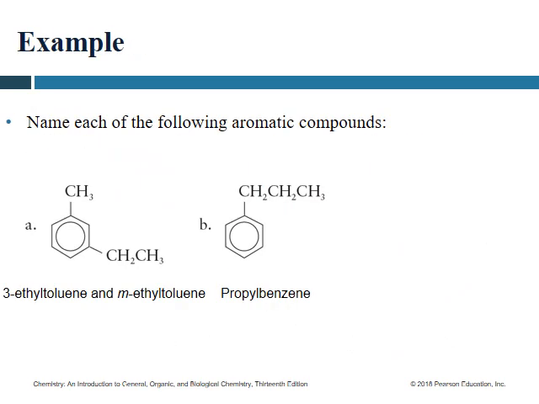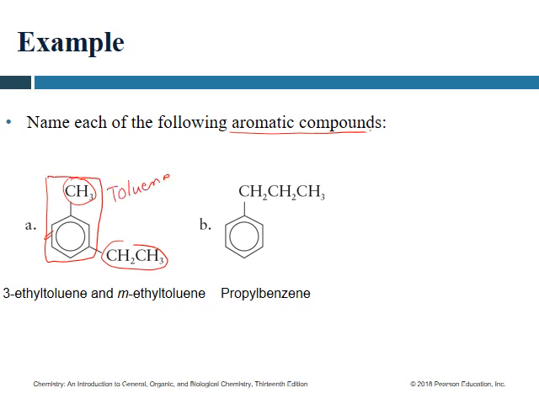So now let's try to solve a couple of problems based on the rules that we learned about aromatic compounds. So the first question is, you have a benzene ring, then you have a CH3 group on the top and a CH2CH3 group on the bottom over here. The time I see a CH3 group and a benzene ring, we know this entire thing is toluene.